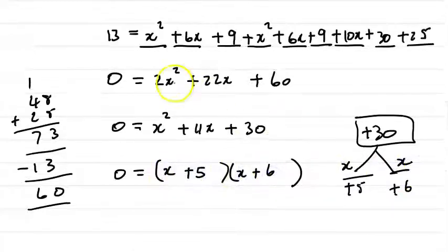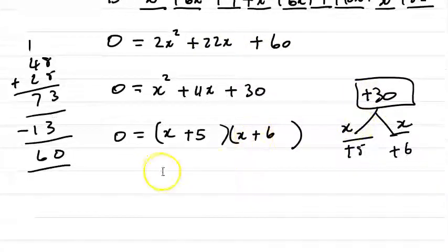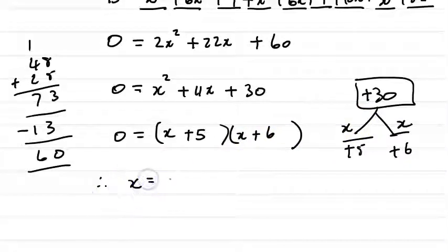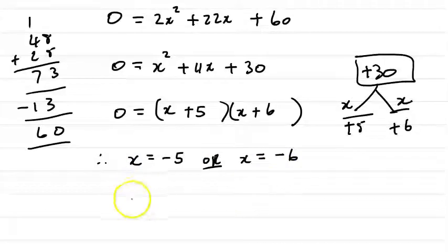Now I know that some of you use the calculator to factorize quadratic equations. You may do so in an exam setting, but remember, it's important for you to also be able to do this by inspection. So therefore, x equals minus 5, or x equals minus 6. So what do we know?